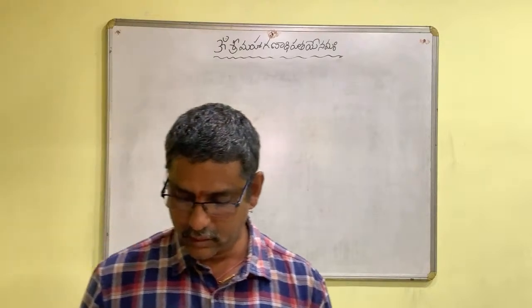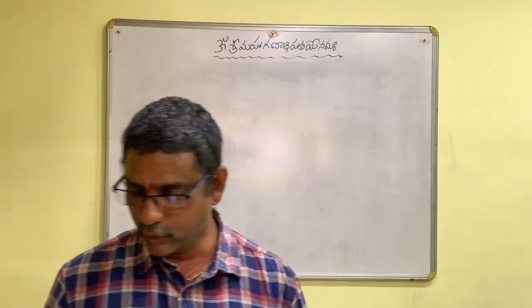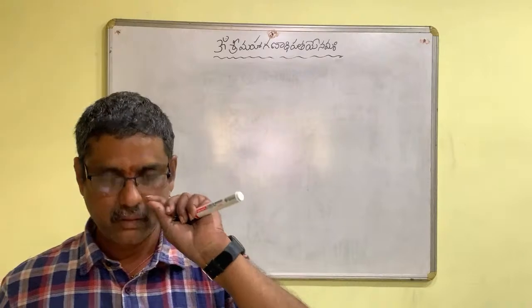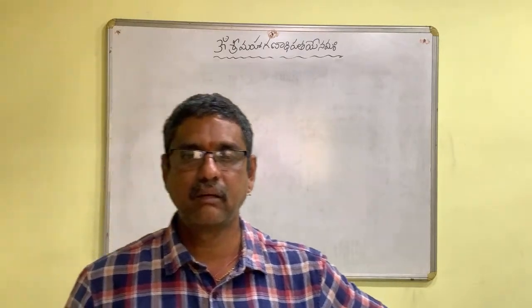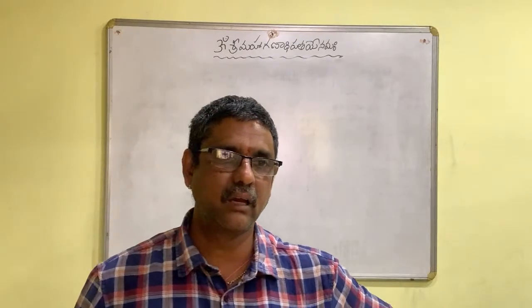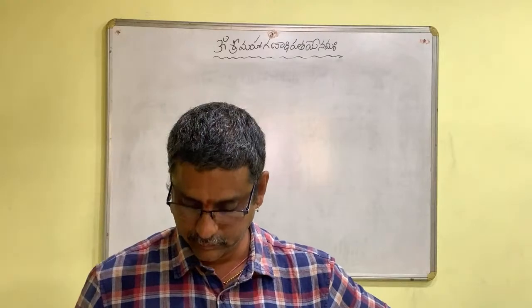Next, a well of diameter 4 meters is dug 14 meters deep. There is a well which is 4 meters in diameter and it has a depth of 14 meters.